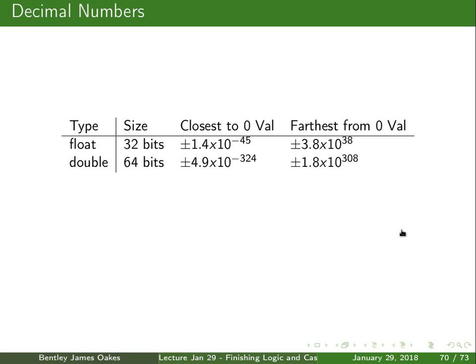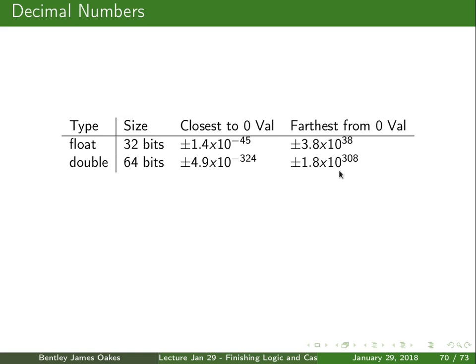You get lots of questions about floats and doubles because many other times people use floats. As you can see, floats are half the size of a double, and they can hold different ranges. It's called closest to zero value and farthest from zero value because floats and doubles only have a precision for how close to 0 they can get, like 4.9 times 10 to the negative 324 is very close to 0, but there are things in between that value and 0, and there's a maximum range as well.